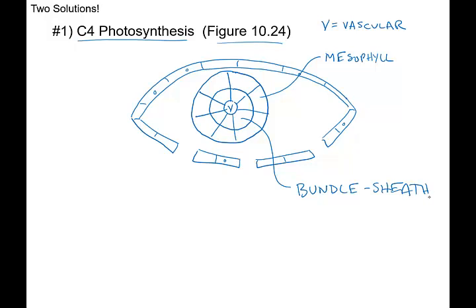All right, so there's a layer of mesophyll cells surrounding this layer of bundle sheath cells, and there's still airspace here in the leaf, to allow for gas exchange, and that's also a potential way to lose water as well.